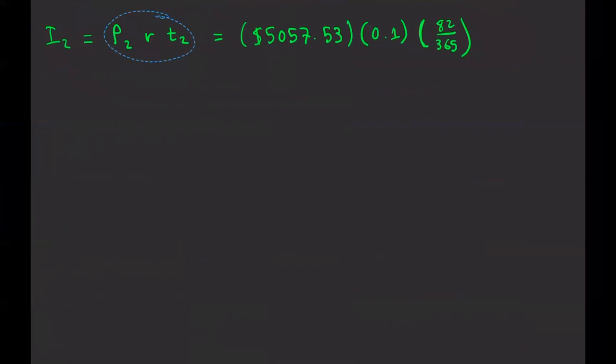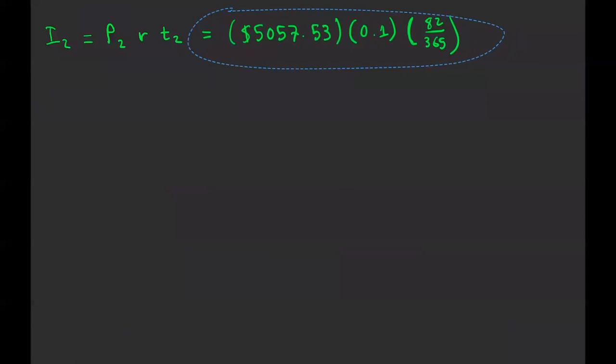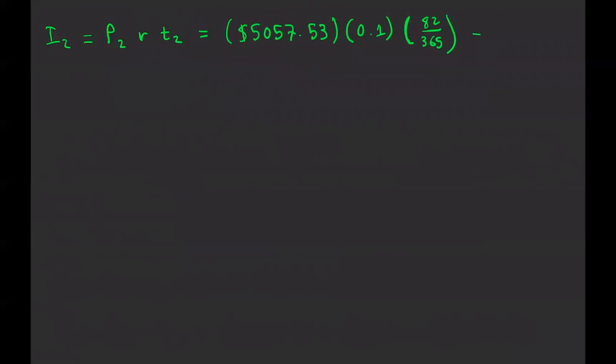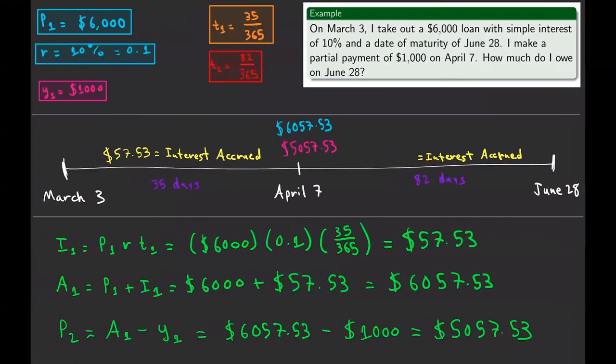And when we do this, we end up with a little bit more interest, $113.62. That is the interest that it accrues during this time frame, $113.62. There we go.